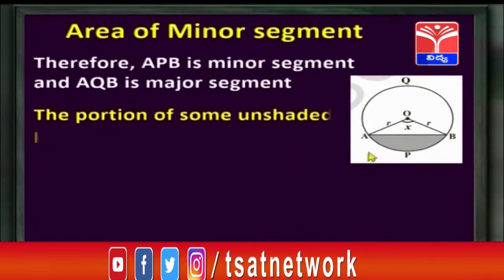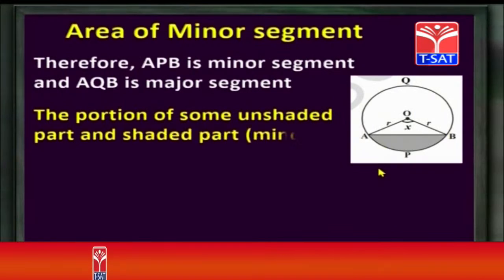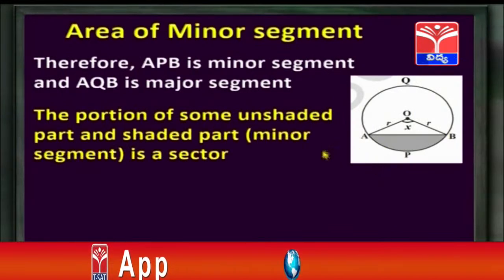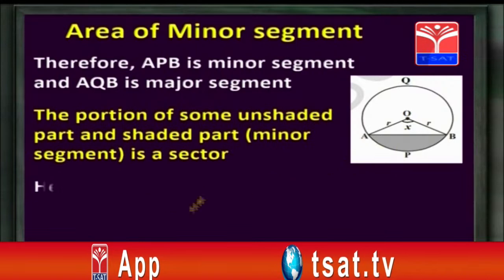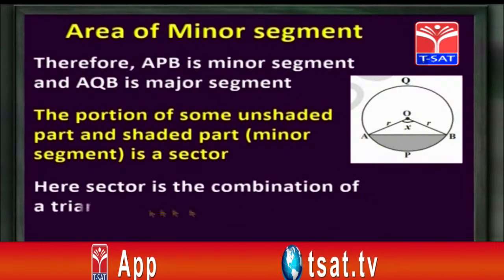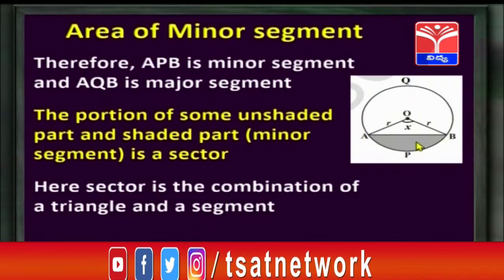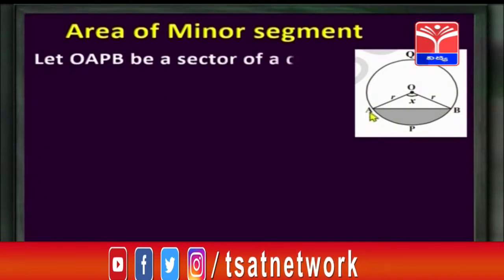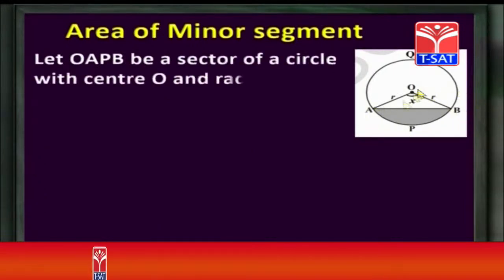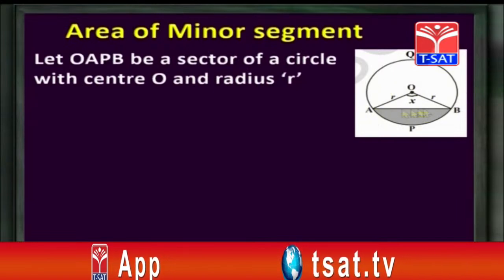The portion of some unshaded part and shaded part is a sector. Let us see now. Here the sector is the combination of a triangle and a segment. So this is a triangle and the minor segment in this case. Let OAPB be a sector of a circle with center O and radius r.